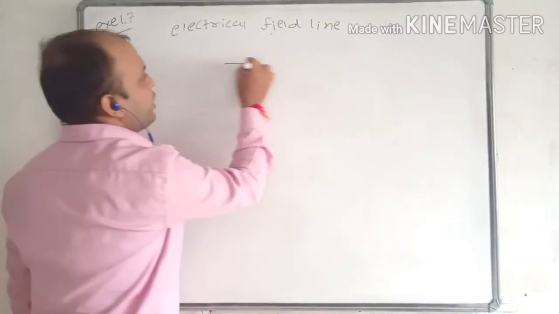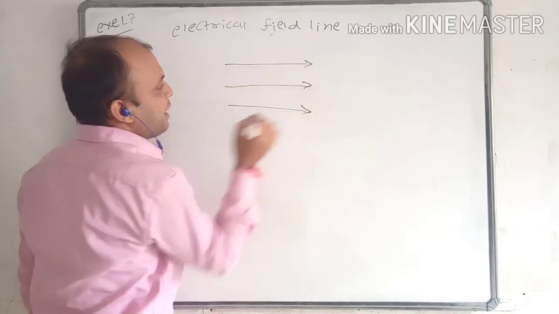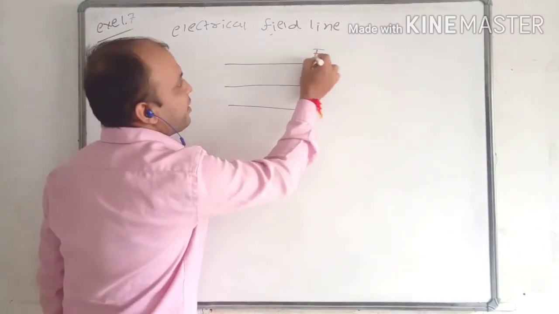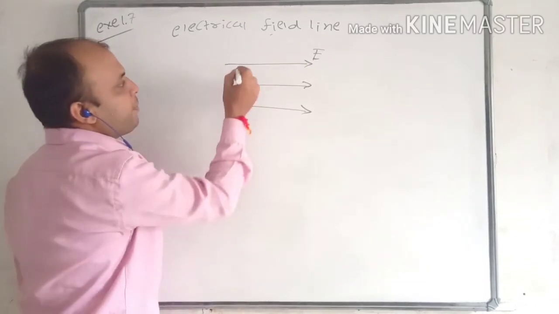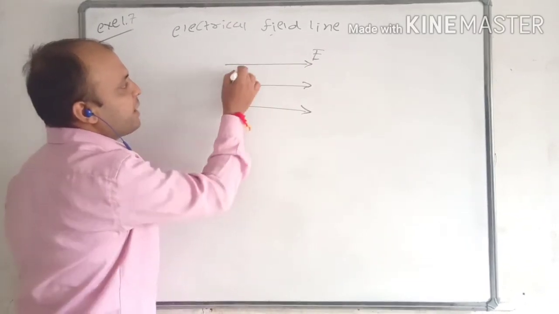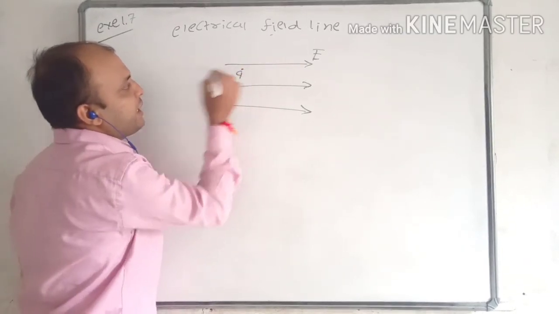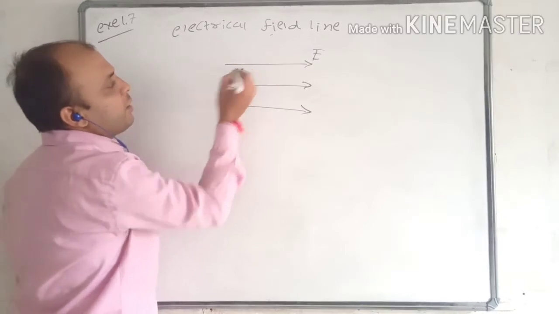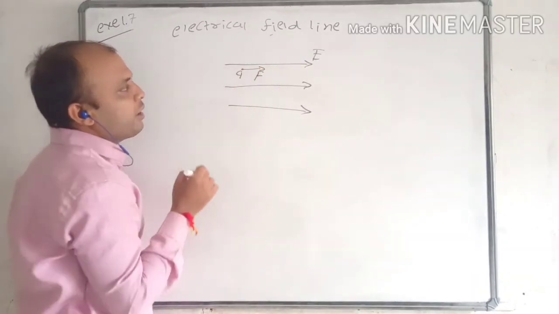To understand, just see this. If this is the direction of the electric field, and from any place in the electric field, suppose we take this place, at this point if we put a charge, then this charge will feel a force.